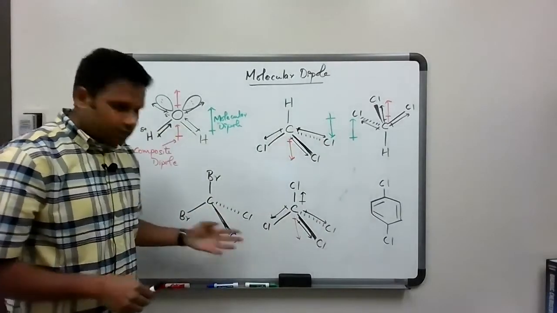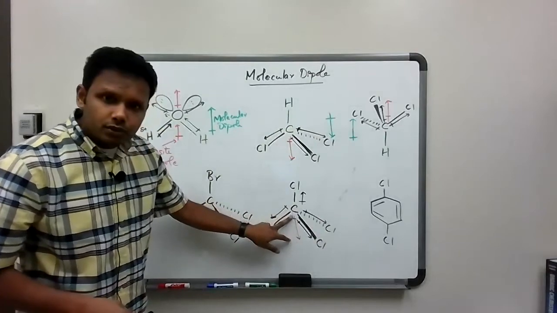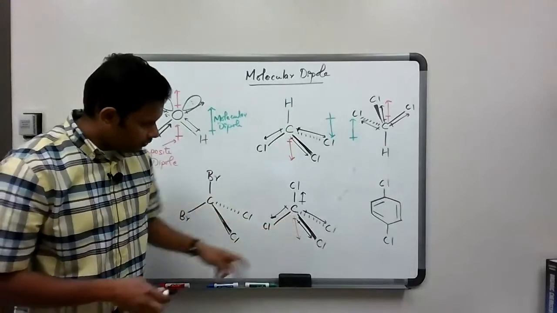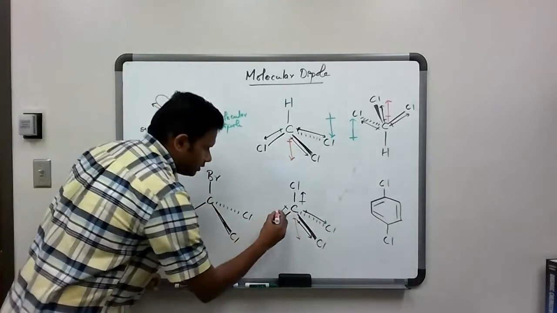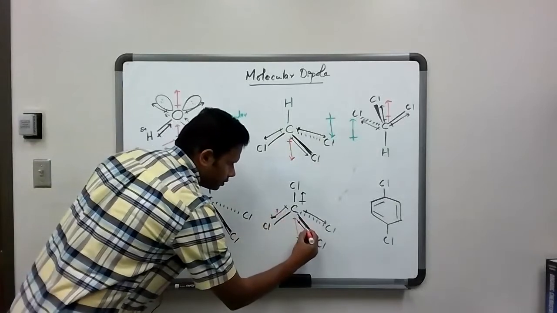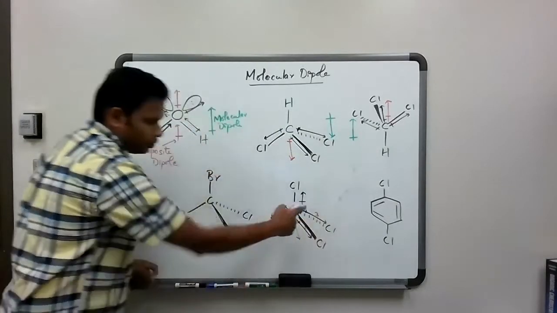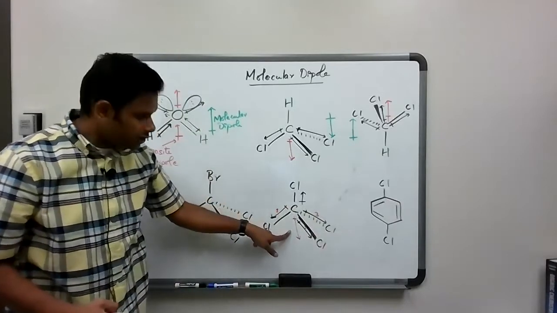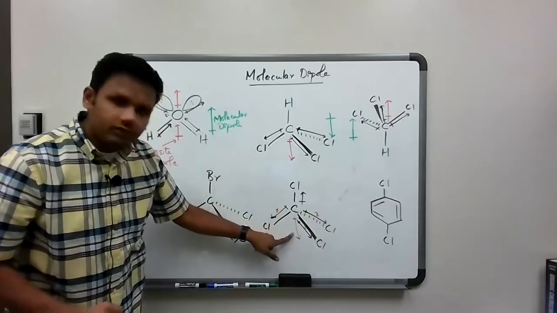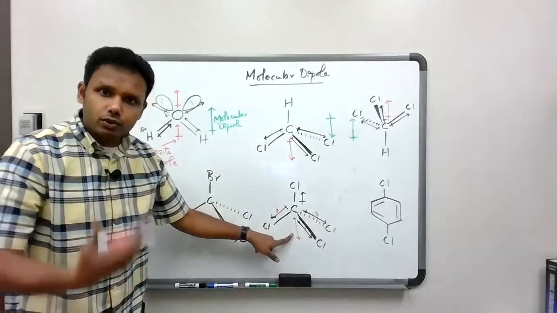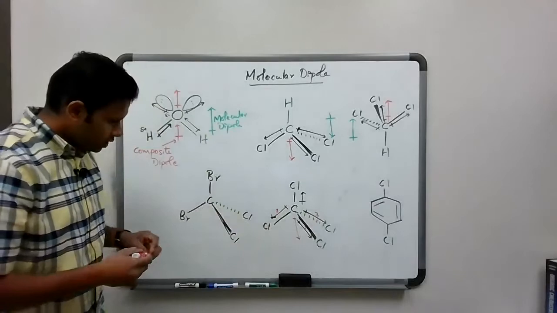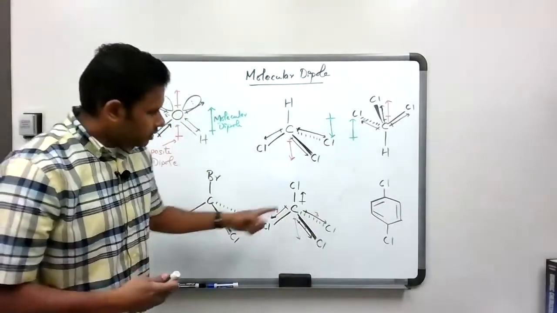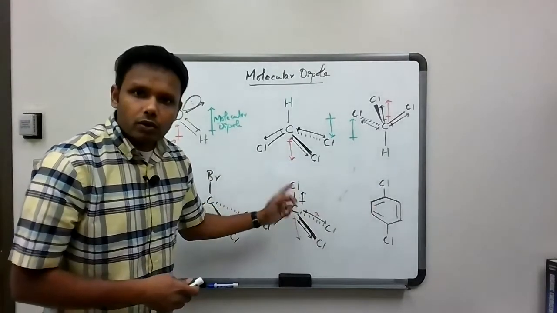Now, it turns out the magnitude, that means the quantity, of this composite dipole, which is from these three, okay, so 1, 2, and 3. Those three dipoles are contributing to this composite dipole. So it turns out that when you do the math, the magnitude of this composite dipole equals the magnitude of this one carbon-chlorine bond.